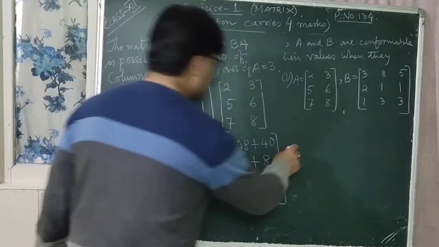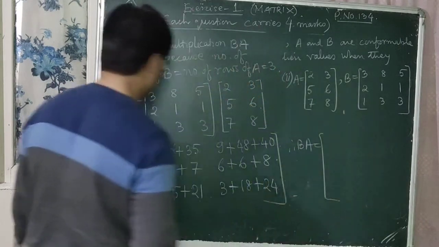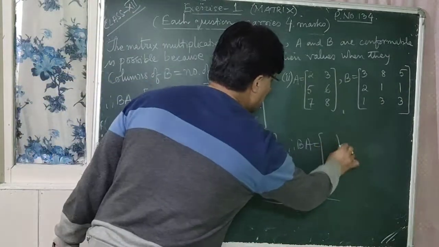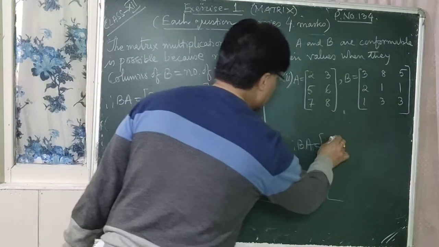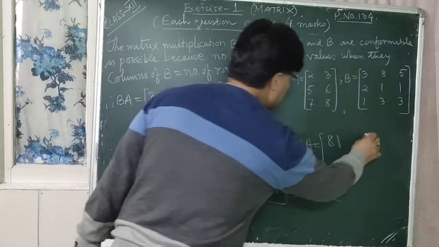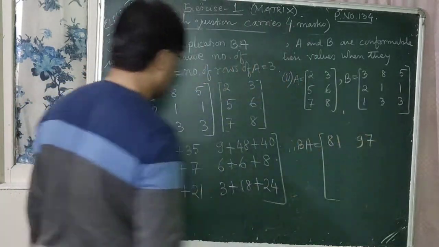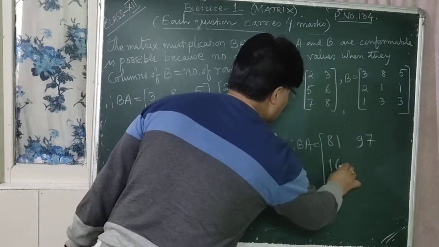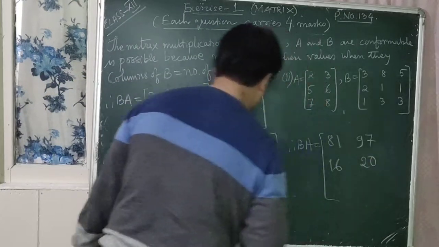Now let's simplify it. Therefore BA is equal to, what is it? So you can add them. 6 plus 5 is 11 plus 40 is 81. This is 4 plus 4 is 8. So you can add them. 9 plus 8 is 17. 5 plus 4 is 9. Next, 5 plus 4 is 9, 9 plus 7 is 16, 6 plus 6 is 12 plus 8 is 20.